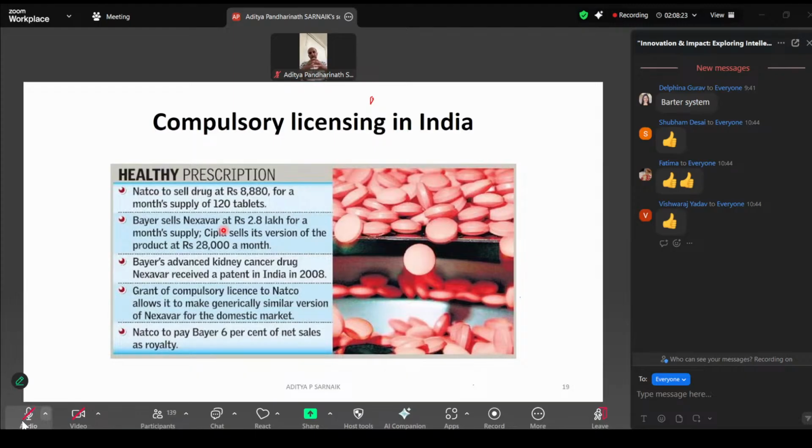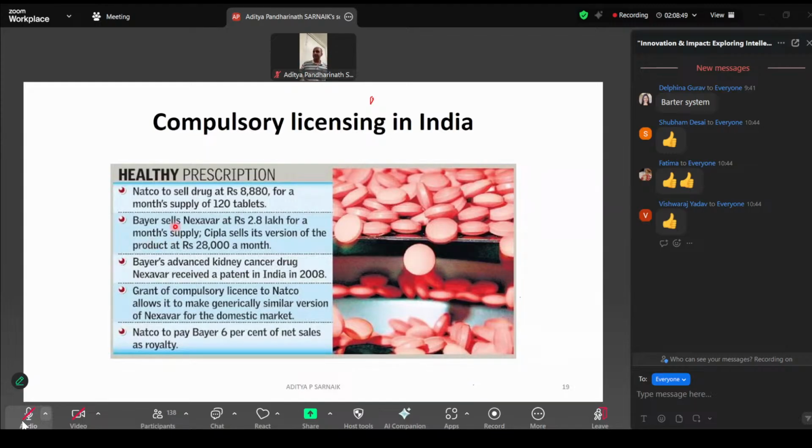Then they filed for the same patent in India, got into the market and started selling the drug, at 2.8 lakh rupees for a one-month supply. Now the thing is, kidney cancer does not happen only to rich people, it can happen to anyone, right? So there was no affordability for that medication.